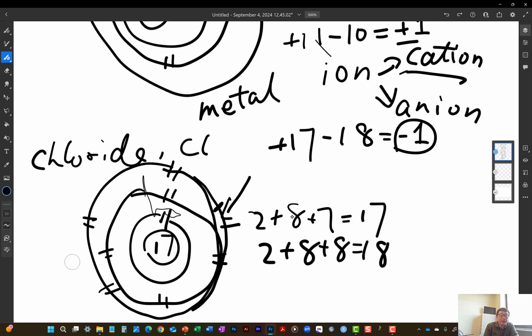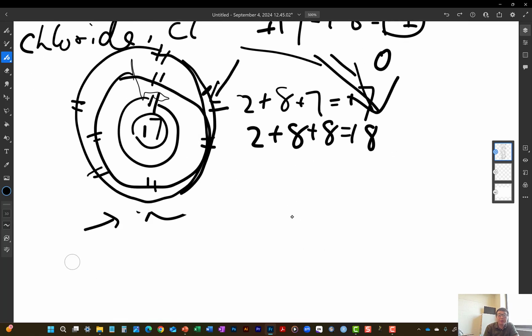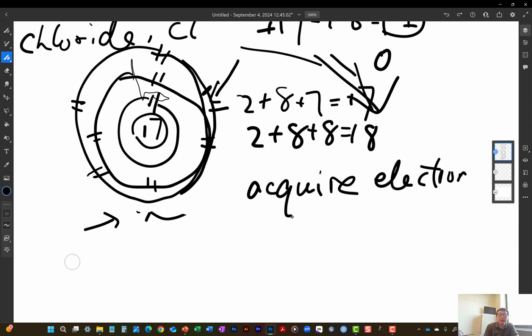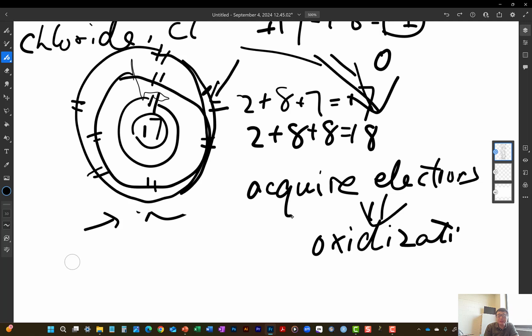So this thing, including chloride and oxygen, these two have the capability of acquiring electrons. This capability we call oxidization.